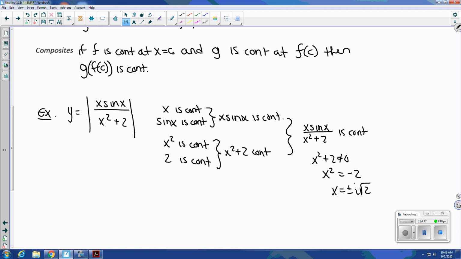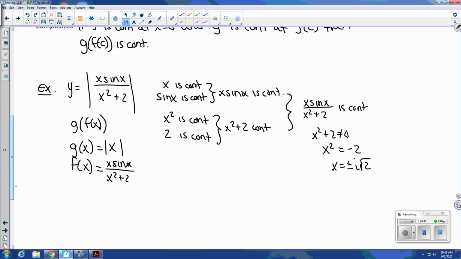And then lastly, we have this inner function, and we have a composition with the absolute value function. So we can think of this original function as a composition between two functions, where g of x is the absolute value of x, and f of x was that inner piece. And we just determined that f of x would be continuous for all real numbers.